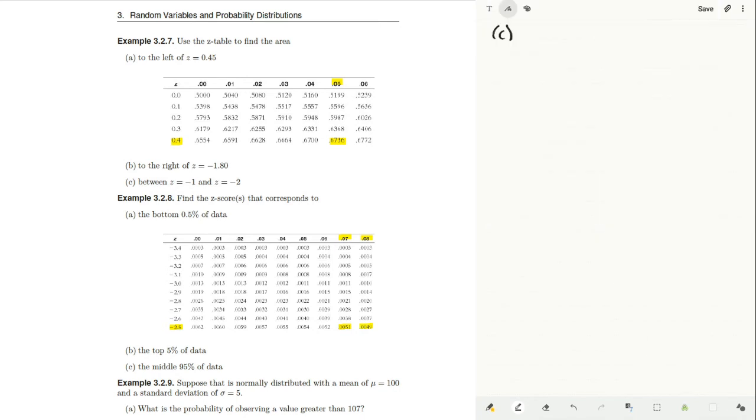Now let's determine the area between the z-scores of negative 1 and positive 1. Once again, keep in mind that the z-table gives us the areas to the left of z-scores. So how can we determine the area between negative 1 and positive 1?